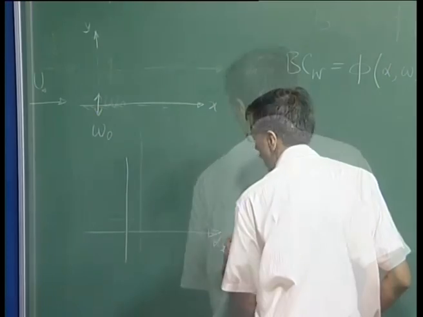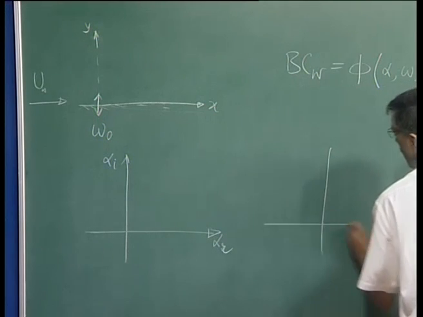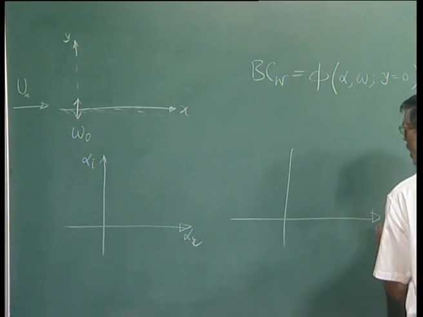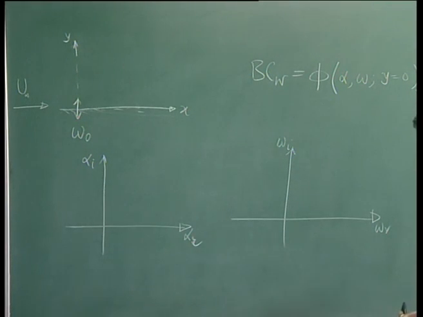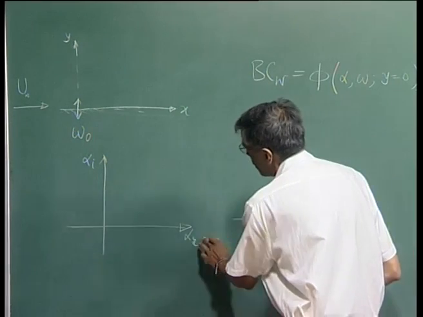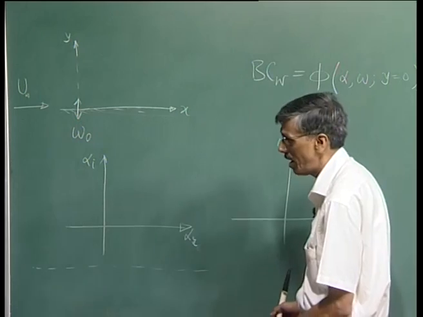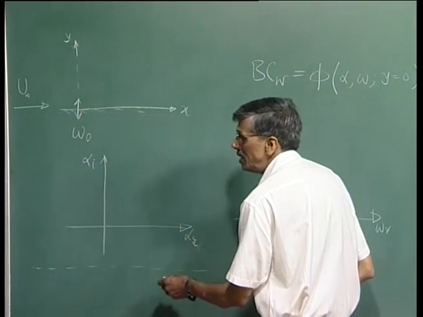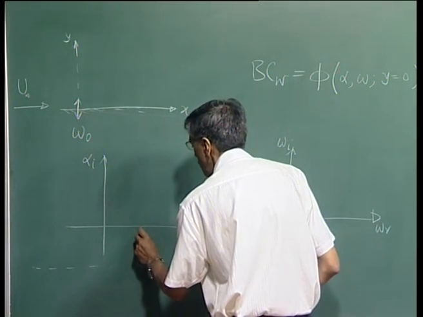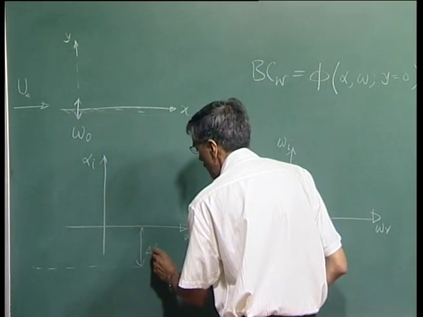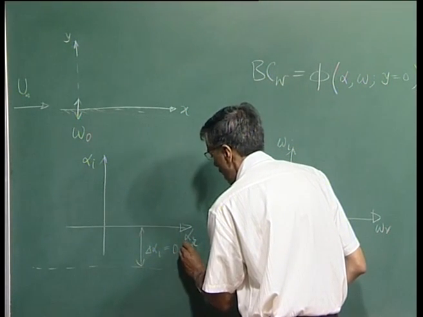So, we have the alpha r and alpha I plane, and we have similarly the omega r and omega I plane. And when it came to choosing the Bromwich contour integral, we chose a contour which is parallel to the alpha r axis, and we took it at a distance of something like 0.009.